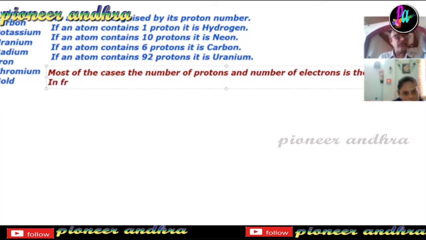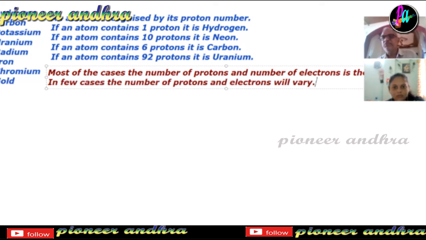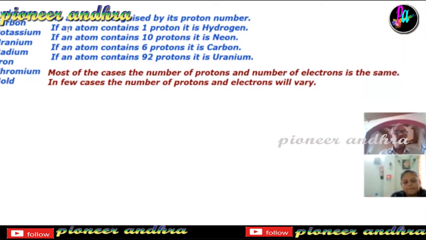In few cases, there is a change in the number of protons and number of electrons. Why does this change occur? That we will discuss, one point by one. An atom is recognized by its proton number. In few cases, the number of protons and number of electrons will vary.